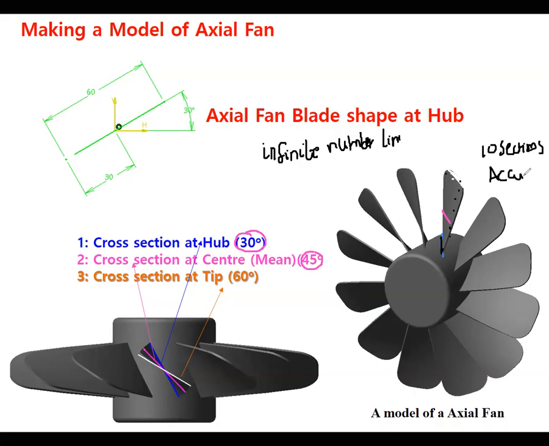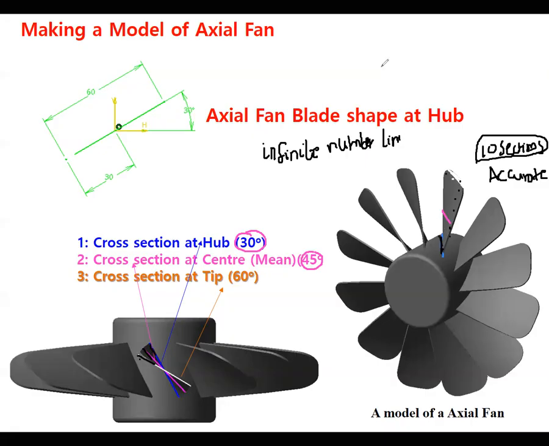Accurate means correct shape, so this is not the correct shape. I am considering only 3 sections, at the hub, the mean radius and the tip. If you want a more accurate blade profile, you have to consider more sections at different radii, find the different angles from the theoretical formula, and draw lines.